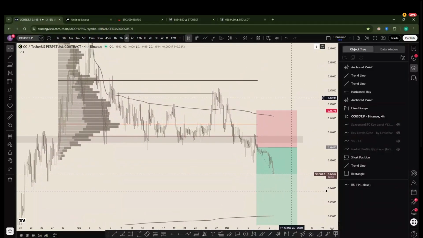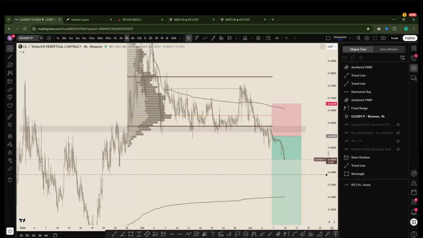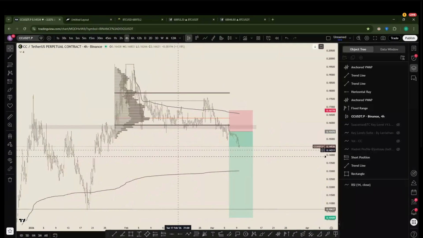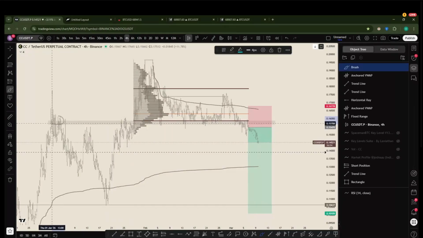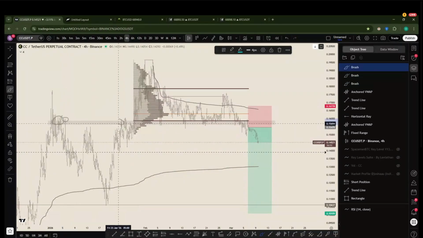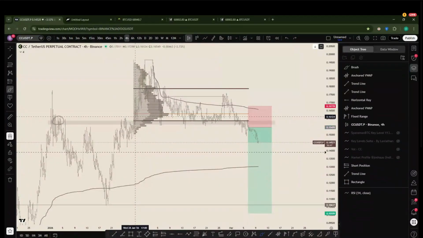The third and major confluence was the loss of the value area low and the loss of a major support. I don't even need to explain this, but look at this. The 0.158 to 0.156 level was your resistance. Five times the price rejected from there.